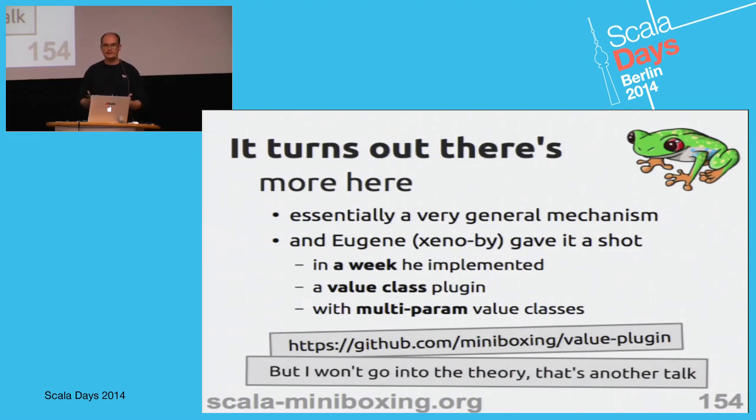Now, if this type class is specialized, or miniboxed, what will happen is that if the function to compare is miniboxed and the numeric or ordering is specialized, the specialized compare method will actually be invoked. And therefore you won't have any overhead.